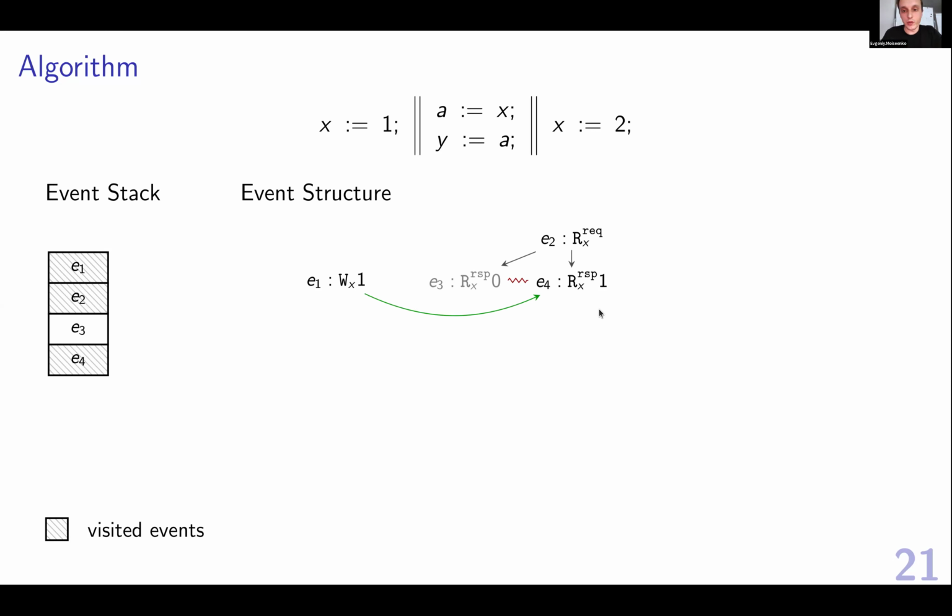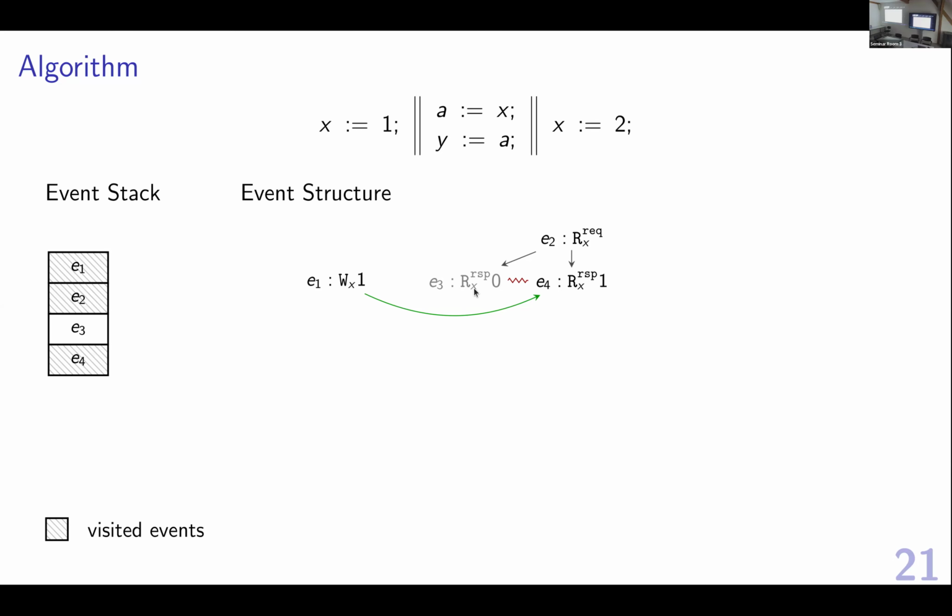We also represent this read event as a pair of events, the request and response part. The request part is a special artificial event, a kind of virtual event. It's just convenient for the algorithm to represent it this way. But logically, these two events represent one semantic event.